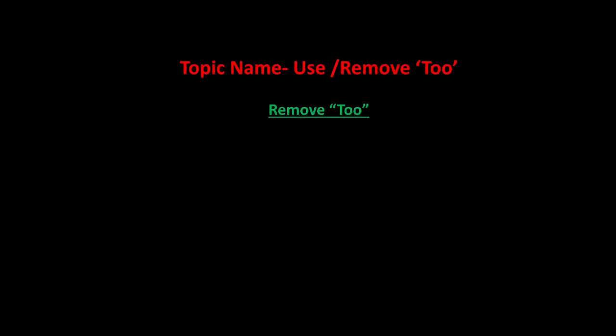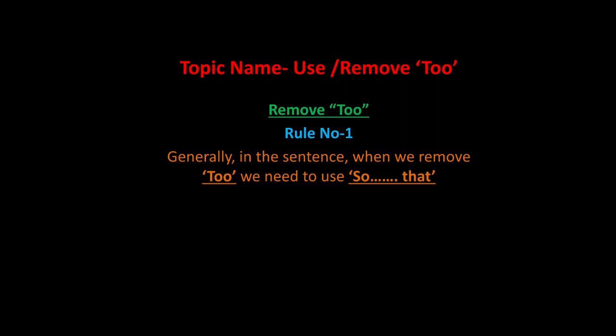To understand that, we have to follow certain rules. First of all, we will start with remove "too". How do we remove "too" from the sentence? For that, there are basic rules. Rule number 1: generally in a sentence, when we remove "too", we need to use "so that".